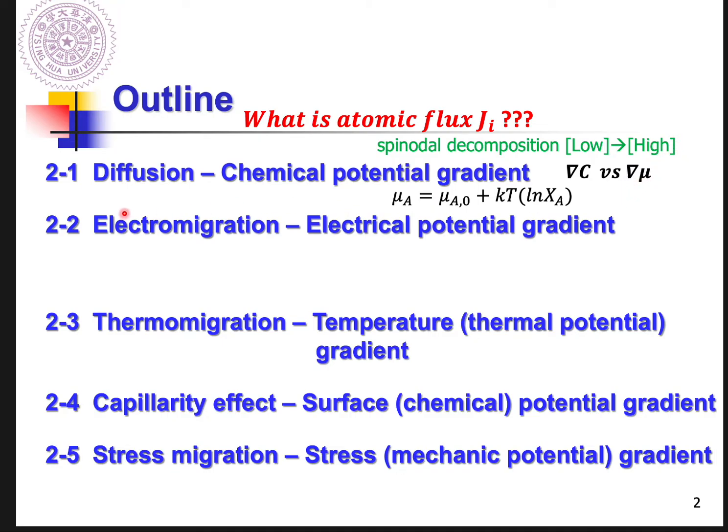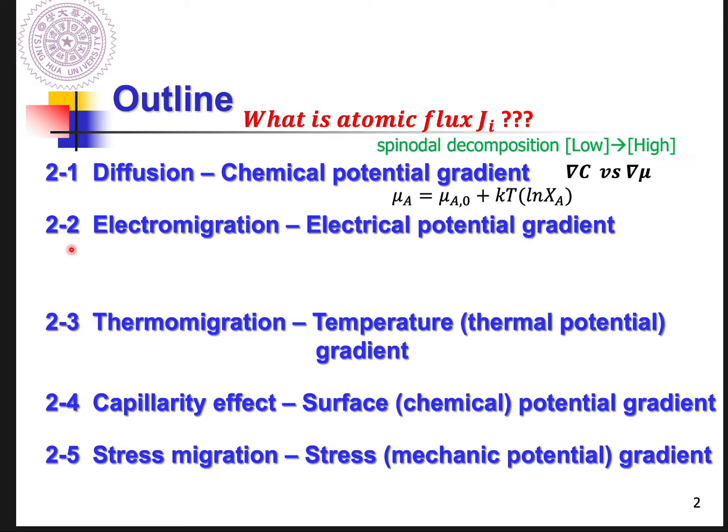So the driving force for mass transport or diffusion in solid materials, a minus chemical potential gradient, is much more suitable. So please use the energy point of view to describe the driving force in mass transport.